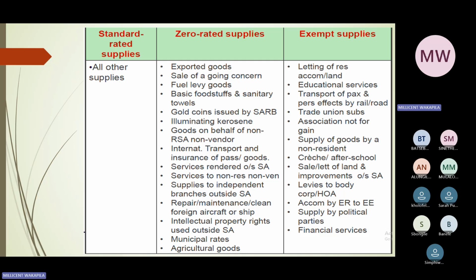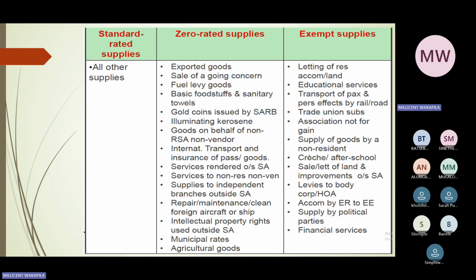Then a going concern, fuel levy goods, which are just your fuel products, and basic foodstuffs, like maize meal, fresh vegetables, fresh fruits, and eggs. And gold coins, which doesn't normally come up a lot in tax assessments, but just know about it. Even the going concern doesn't normally come up as well. And then goods on behalf of a non-SA vendor, just know about it as well.